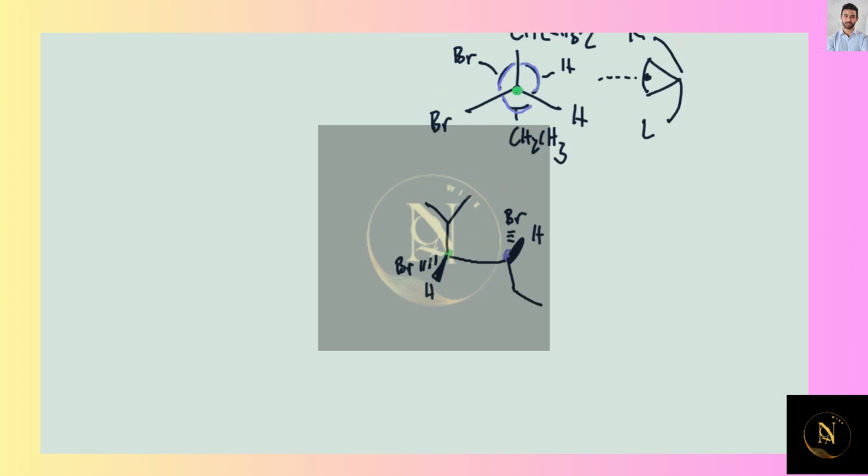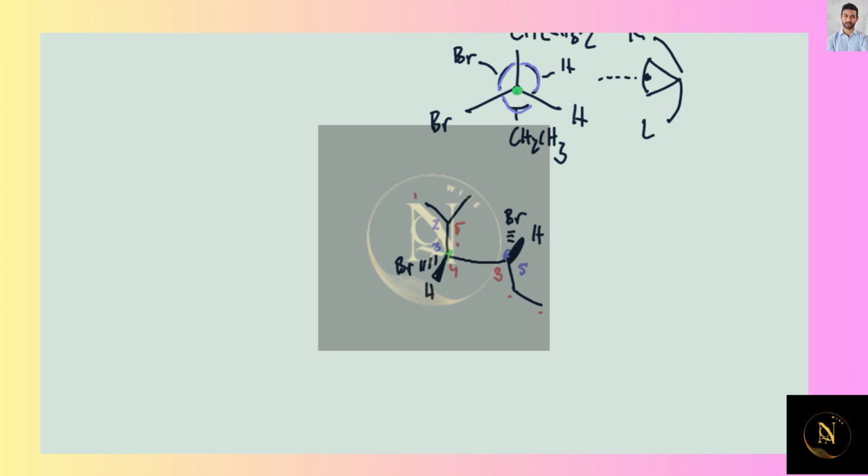First thing that I notice is that the longest chain is 1, 2, 3, 4, 5, 6 carbons long. Okay, and there are two ways we could number this. We could number this as 3, this as 4, and this as 5. Or we could number this as 2, this as 3, and this as 5.